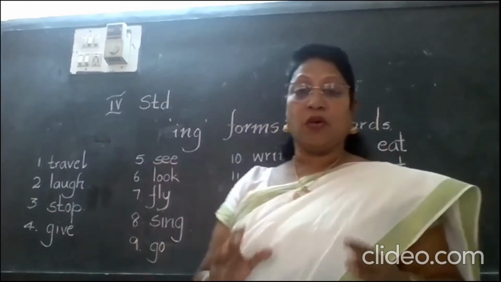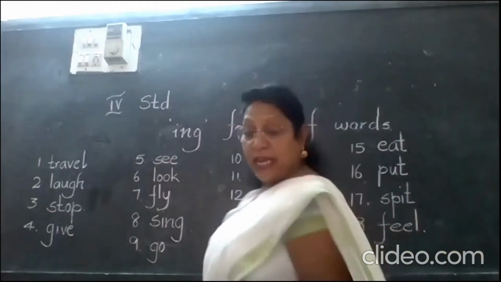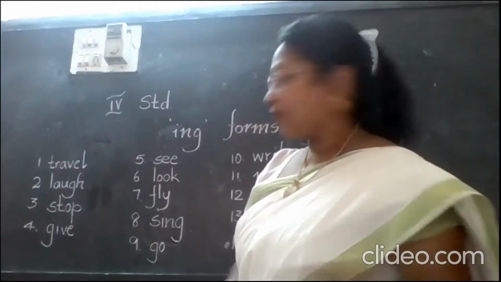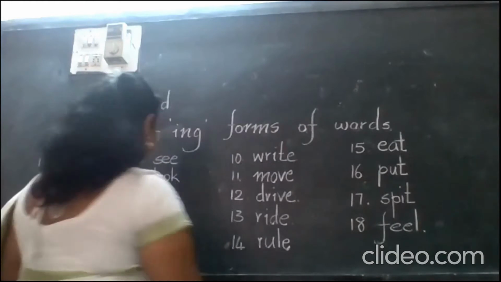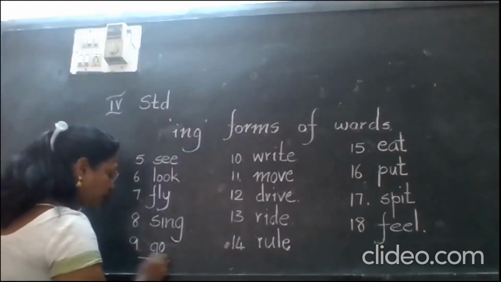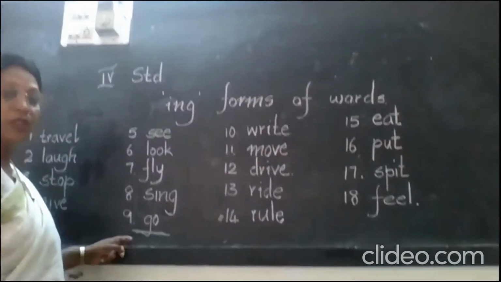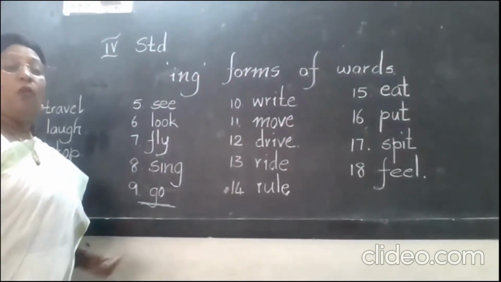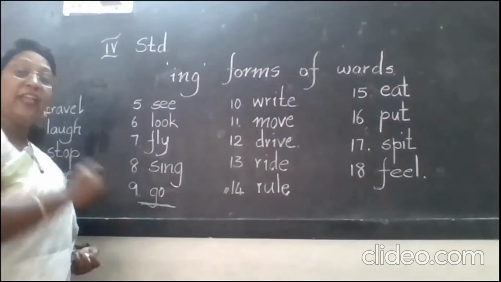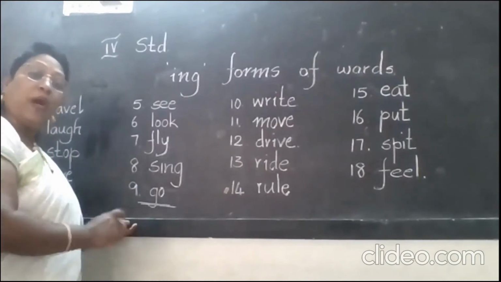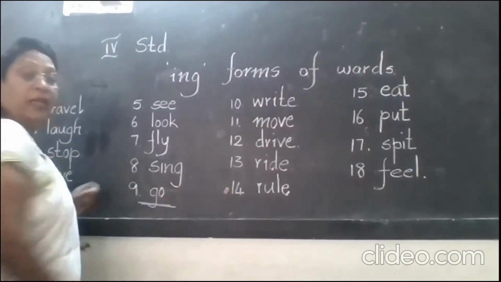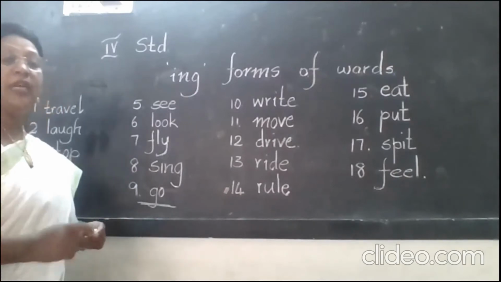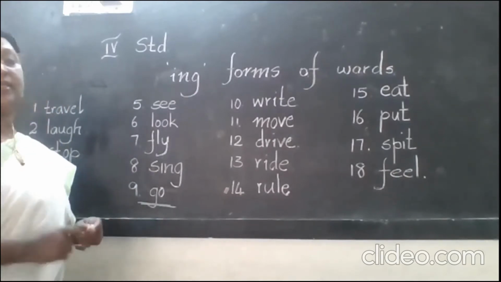So let me take you to a word first. Now let me take you to the word go. See here, you see G-O, go. Now, when you add ing after the word, it is called a suffix.